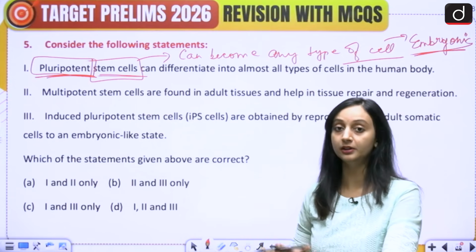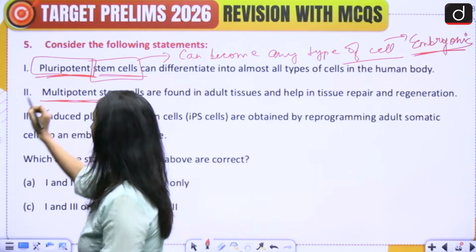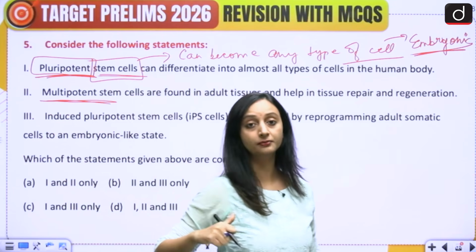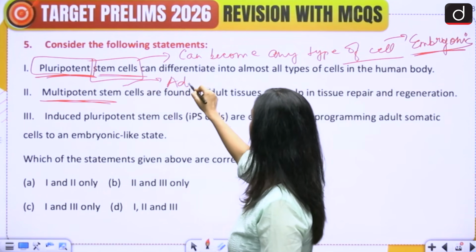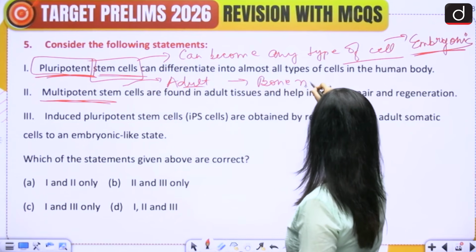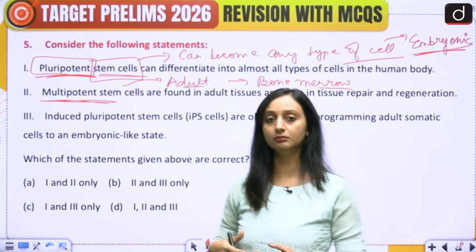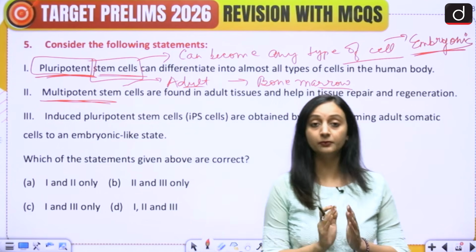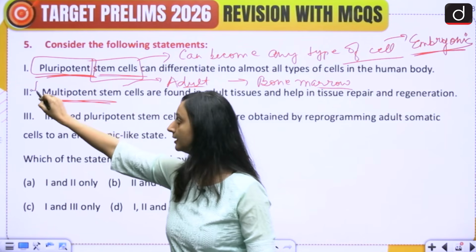of cell whenever needed. Then we have multipotent stem cells. These are found in the adult tissues, like in the bone marrow. Now they have the potential to become many different types of cells, but if we compare their potential with the pluripotent cells, then their potential is less.